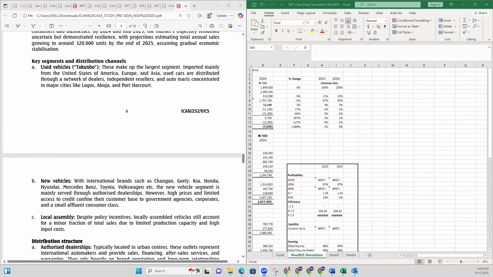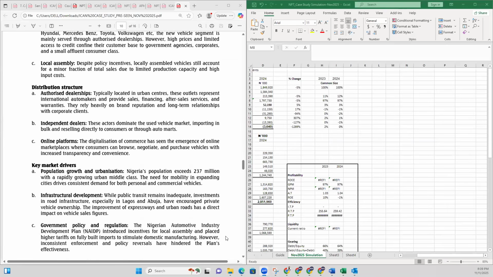With international brands such as Changan, Geely, Kia, Honda, Hyundai, Mercedes-Benz, Toyota, Volkswagen, etc., the new vehicle segment is mainly served through authorized dealerships. However, high prices and limited access to credit confine their customer base to government agencies, corporates, and a small affluent consumer class. C. Local assembly.